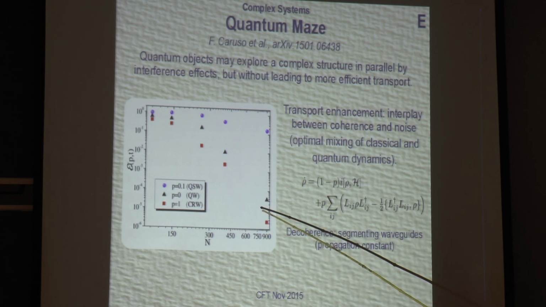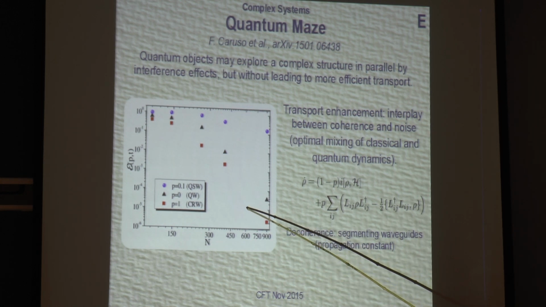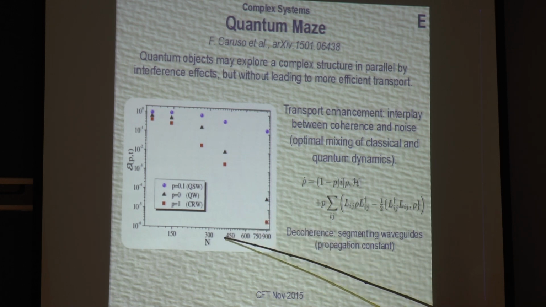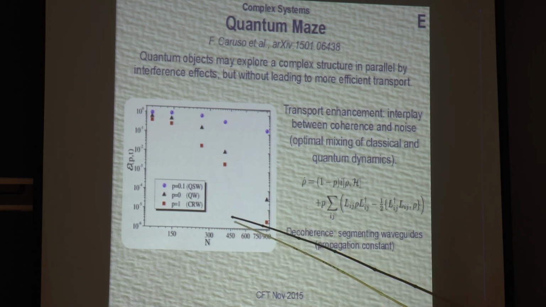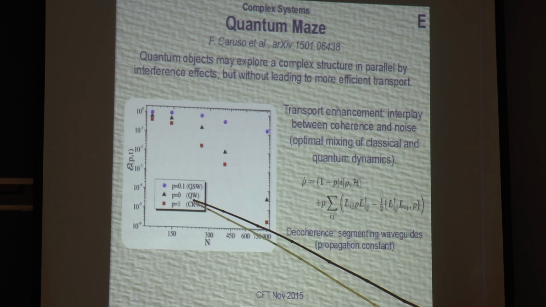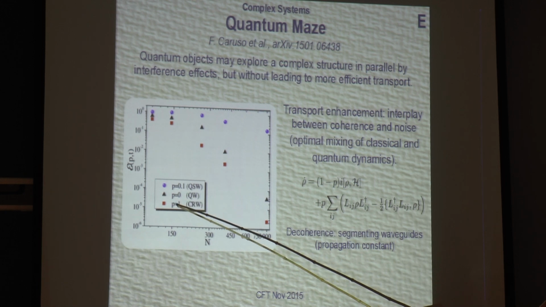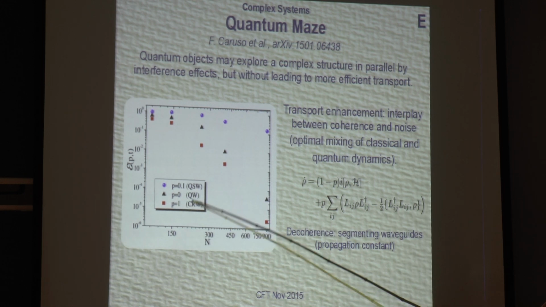Here, the graph shows the efficiency of transport between the input and the output as a function of the size of the maze in the presence of a controlled amount of decoherence. These are the blue dots, the perfect quantum case, the black triangles and red squares, classical walk.